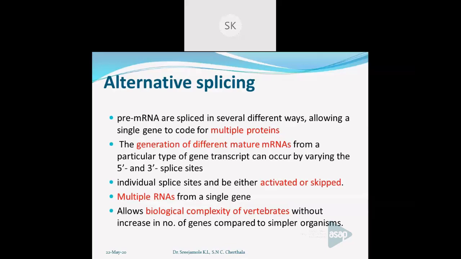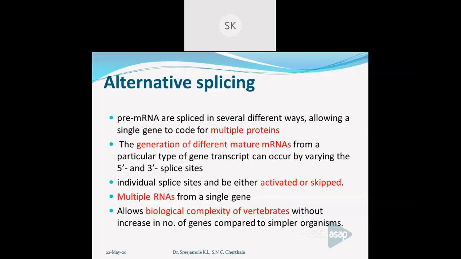But that is not the case in reality. Here, pre-mRNA is spliced in several different ways so that a single gene can code for multiple mRNAs. This is brought about by the process known as alternative splicing.